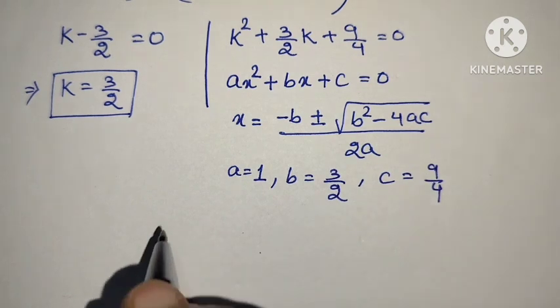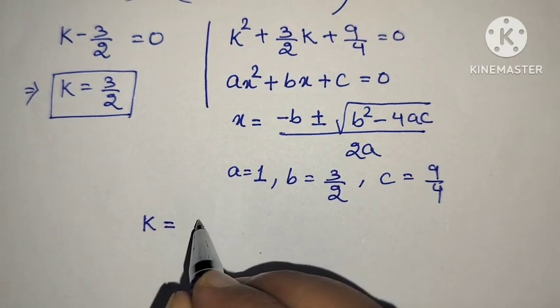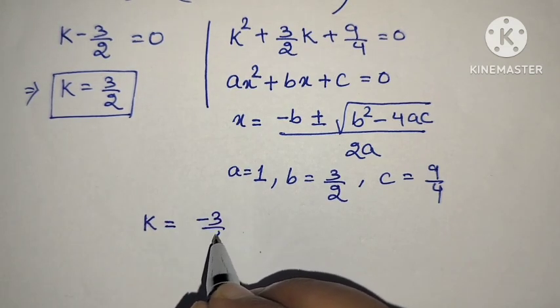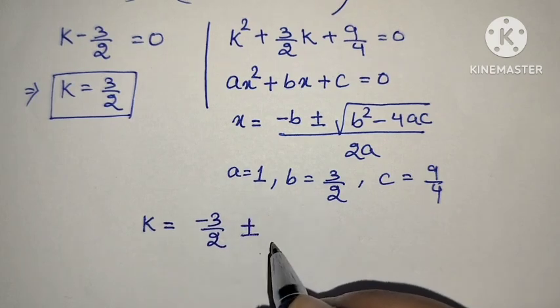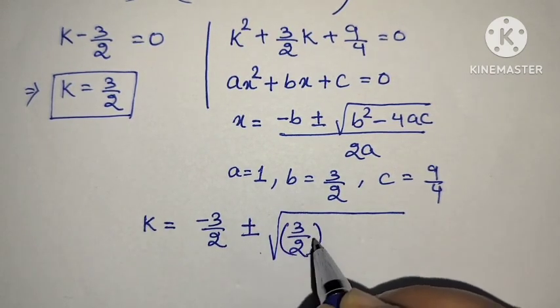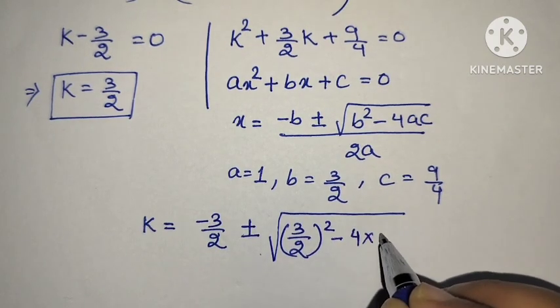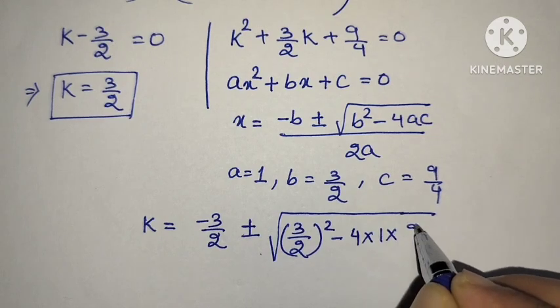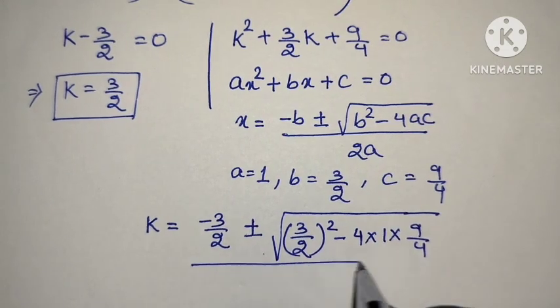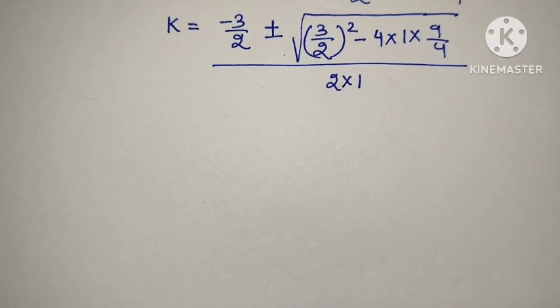Yes, then k is equal to minus b, means minus 3 by 2, plus minus root over of (3 by 2) square minus 4 into a into c, divided by 2 into 1. Yes.